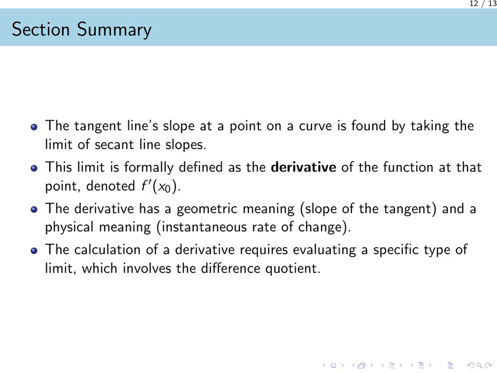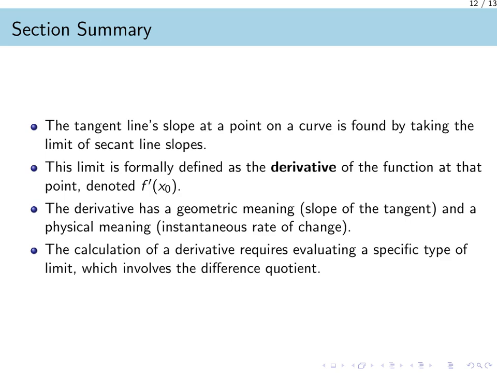Let us summarize the central concept we have just explored: the derivative at a point. This single idea unifies several important concepts, from geometry to physics. We began by approximating the slope of a curve using secant lines. By taking the limit as the distance between the points on the secant line goes to 0, we found the exact slope of the tangent line at our point of interest.